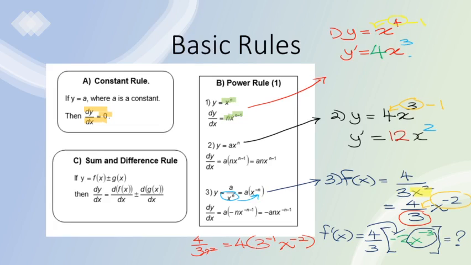So y prime or dy/dx equals, first the 4 moves to the front, so you will get 4, and then copy back x, and then 4 minus 1, and then you will get 3.